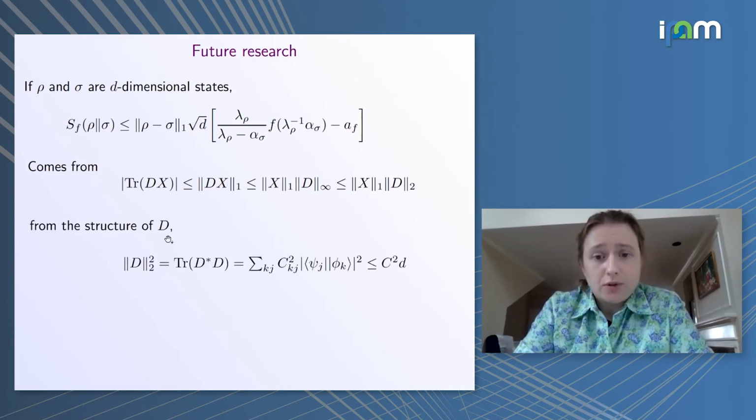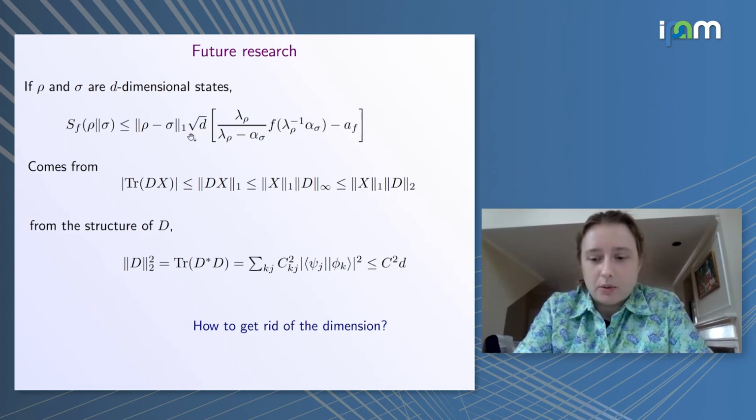And from the structure of D, you can easily obtain the upper bound that's there, C times the square root of d. But can you get rid of this dimension? Because all the numerics that I and someone else did, we get the indication that there should not be any dimension dependent bound. And so the question: can we get rid of it mathematically?